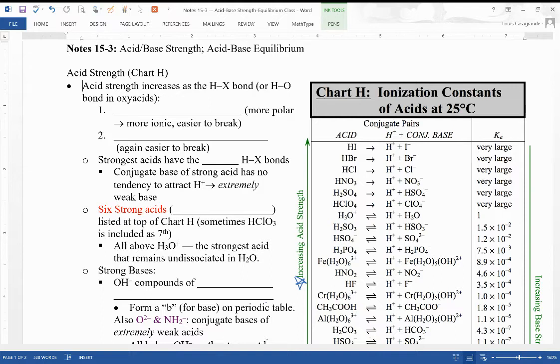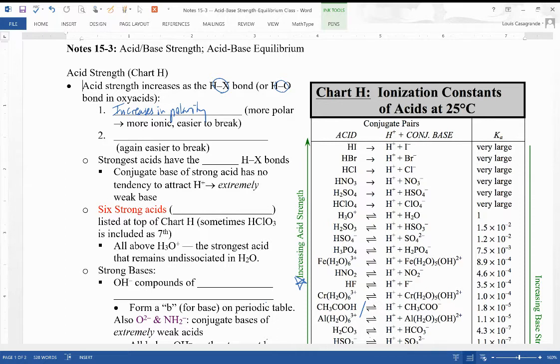Now, at the top, what we're going to see is the strongest acids, and what I want to impress upon you is that the strength of the acid is going to increase as that HX bond or the HO bond, so whatever the acidic hydrogen is bonded to, as that HX bond or HO bond increases in polarity, in other words, a bigger dipole, a bigger delta plus, delta minus, more polar, bigger delta EN, it becomes more ionic. And as it becomes more ionic, it becomes easier to break.